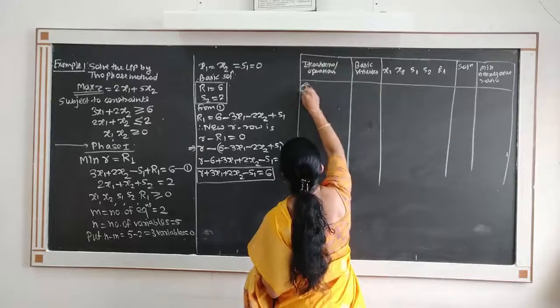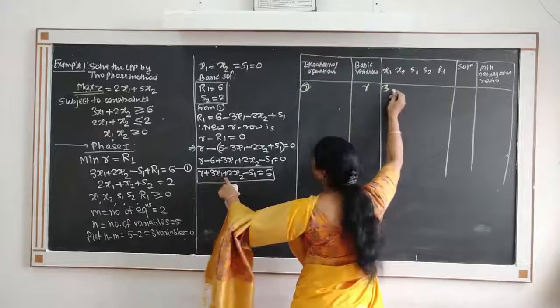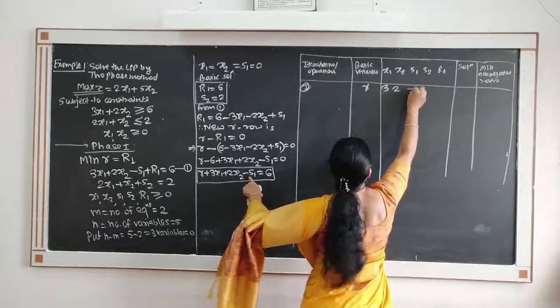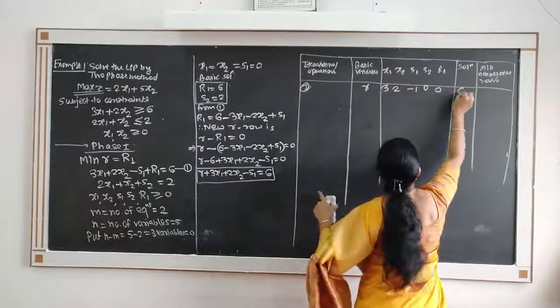The first table has 3x1, 2x2, minus s1, 0 s2, 0 r1, equal to 6.